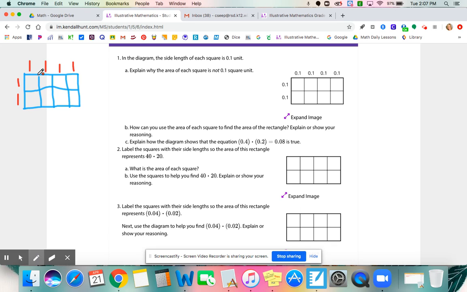And so if I asked you the area, the length times the width, each little square inside of here is 1 unit squared because 1 times 1 is 1. And if we think about this whole thing as an area, it's really a 4 by 2. And 4 times 2 is 8. And we can see those 8 squares within it.